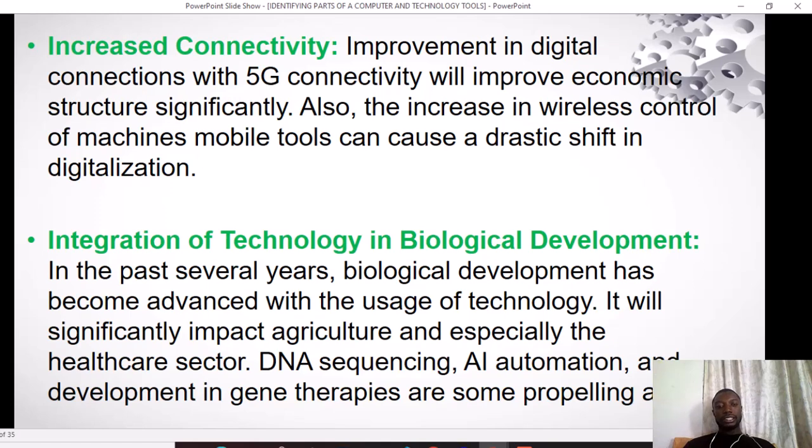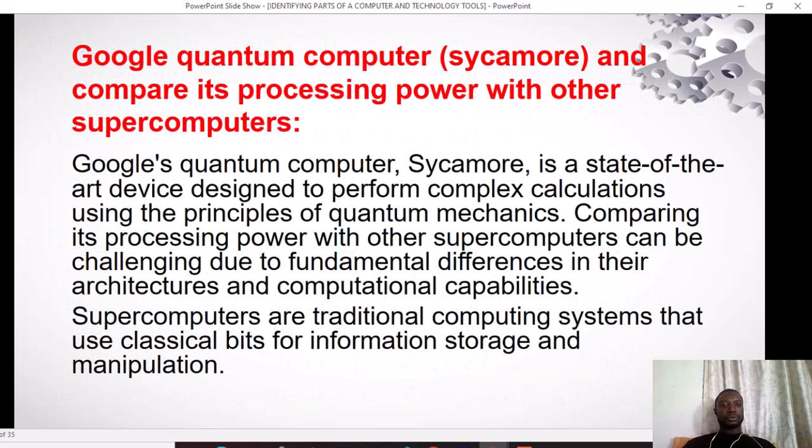Okay, so we've talked about the next generation of computers. So let's move straight away to the Google Quantum Computer, which is the Sycamore, and compare its processing power with other supercomputers. Google's quantum computer, Sycamore, is a state-of-the-art device designed to perform complex calculations using the principles of quantum mechanics.